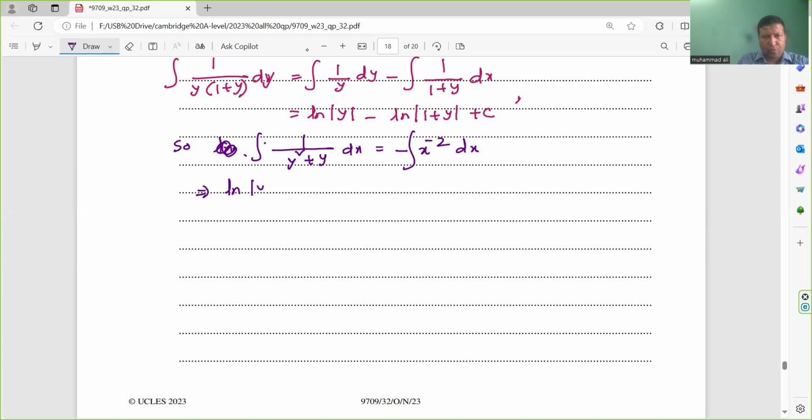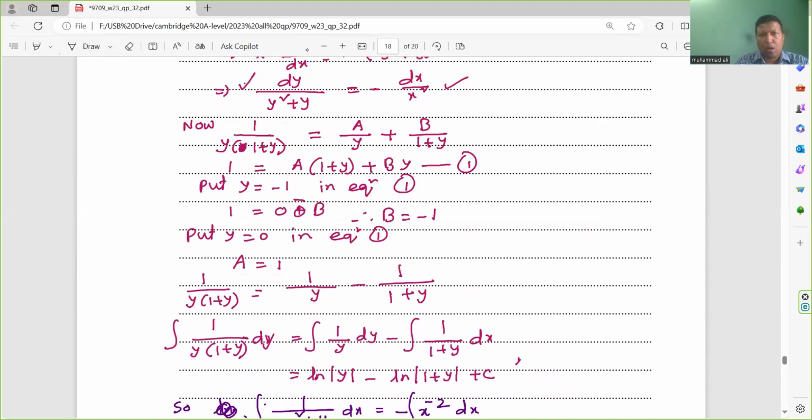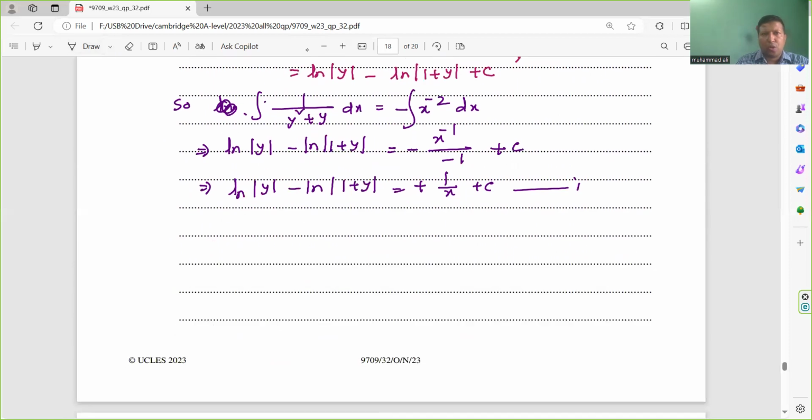So ln modulus y minus ln modulus (1 plus y) equals to, if we integrate this part, we'll get x to the power minus 1 plus c. So ln modulus y minus ln modulus (1 plus y) equals to plus x inverse, means 1 by x, plus c. We mention this as equation 2.